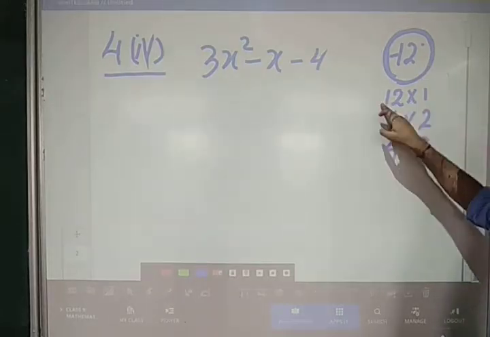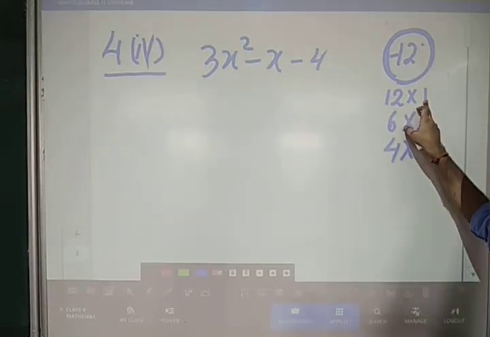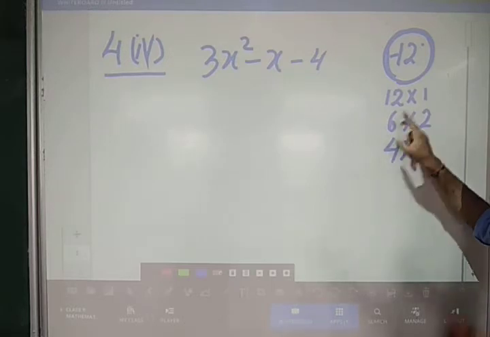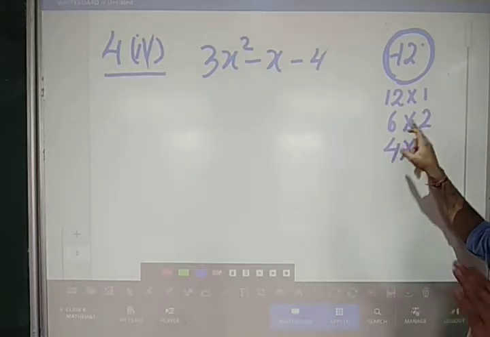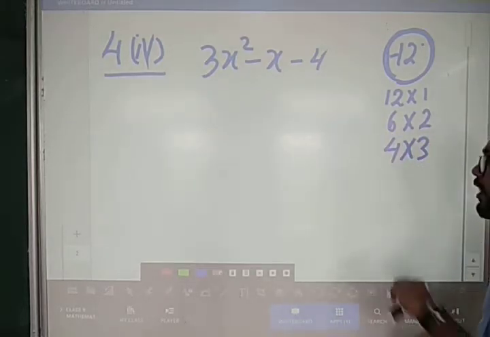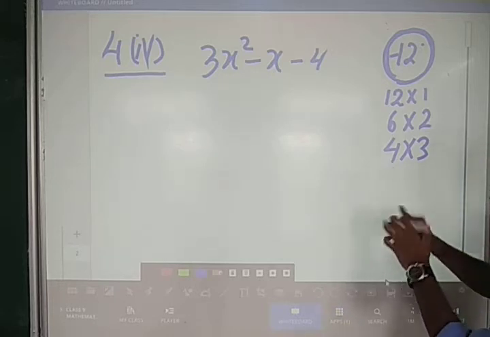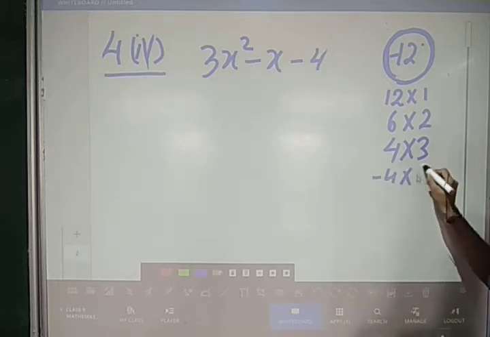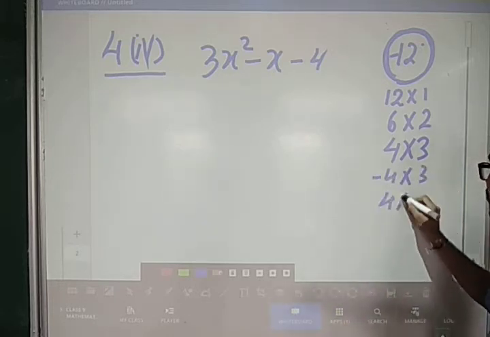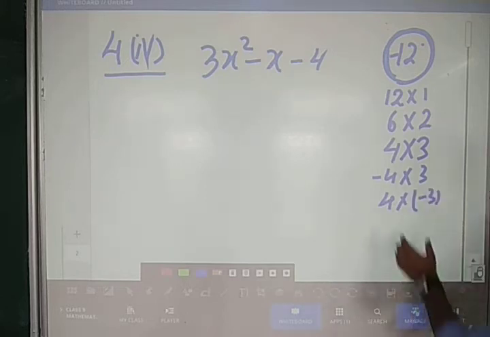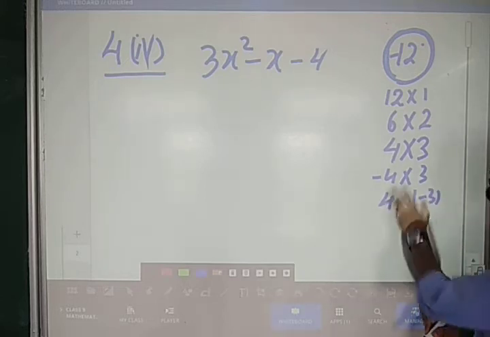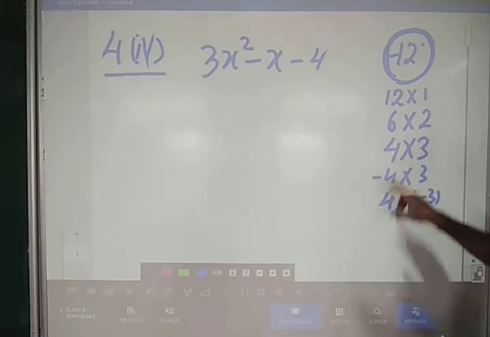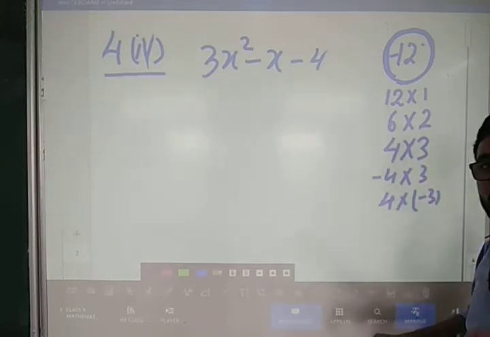No, it may be minus 12 into 1, or 12 into minus 1. It may be minus 6 into 2, or 6 into minus 2. It may be minus 4 into 3, or 4 into minus 3. So that when you multiply these two numbers, you will get minus 12, and when you multiply the other two numbers, you will get only 12.